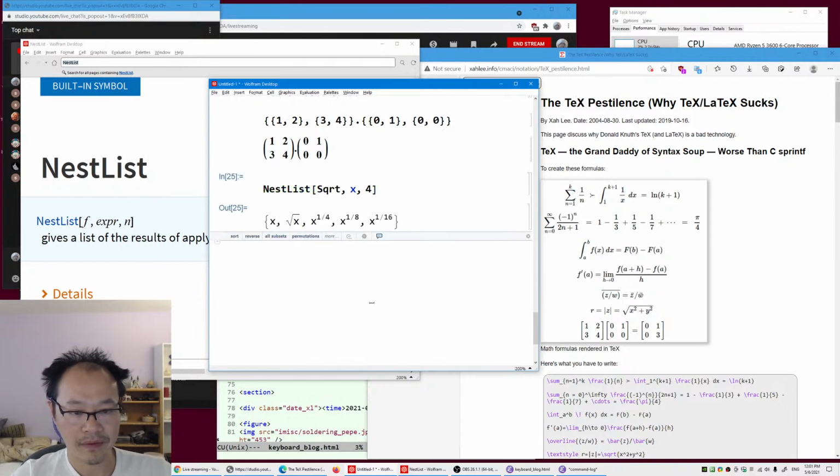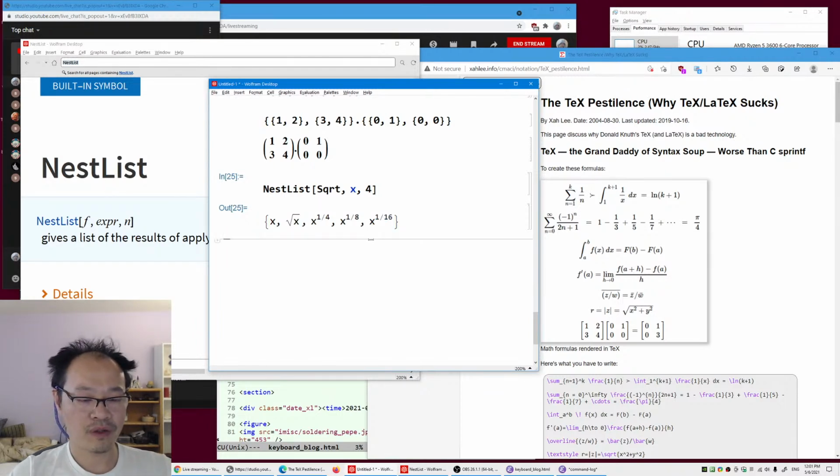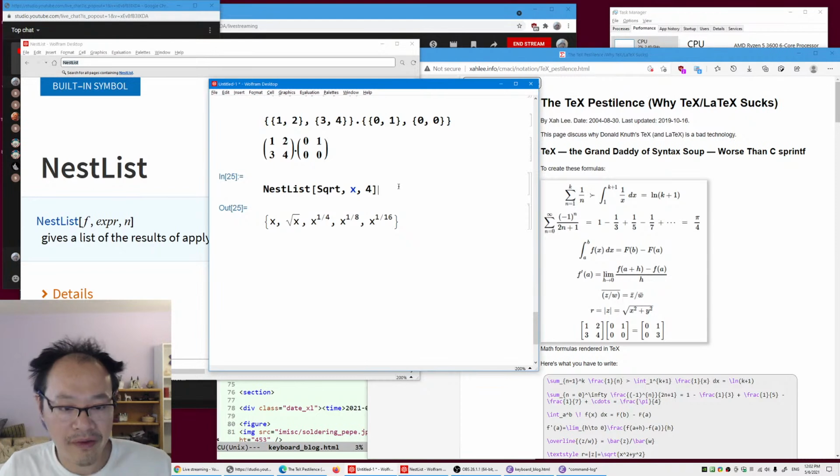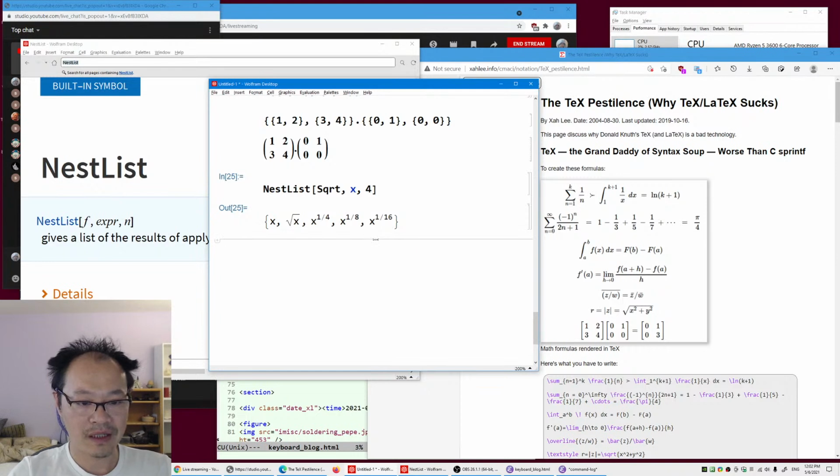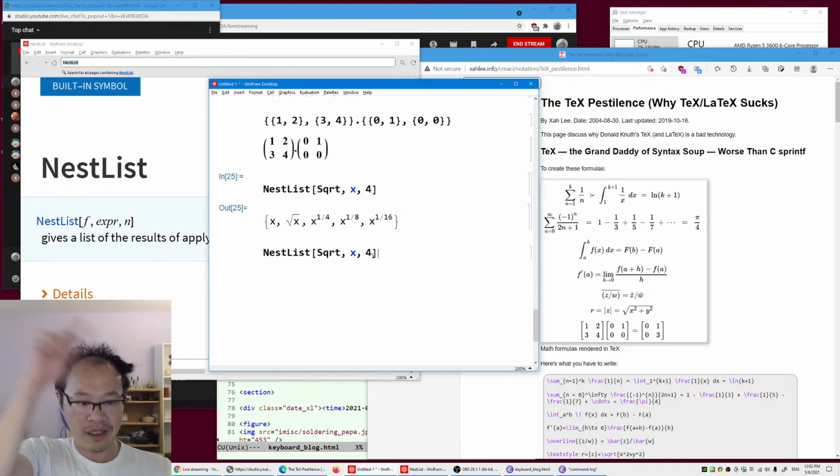So you get that. I was trying to show the nested square root, but it actually uses this fractional power, which is equivalent. Anyway, I haven't used Mathematica for a while, so right now I don't know how to show the radical symbol.